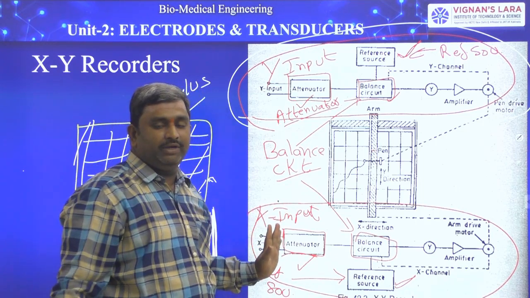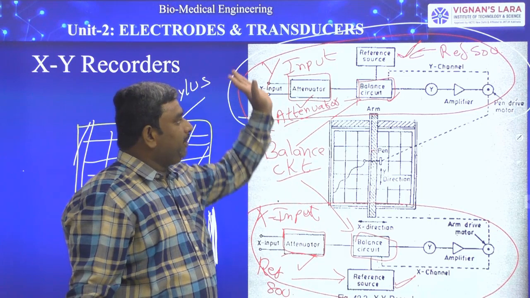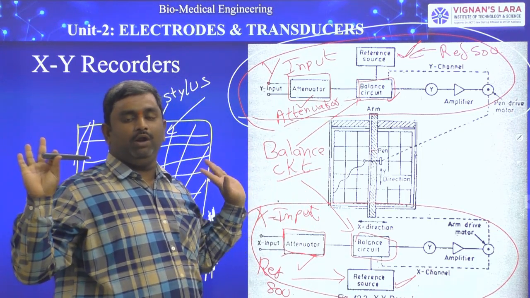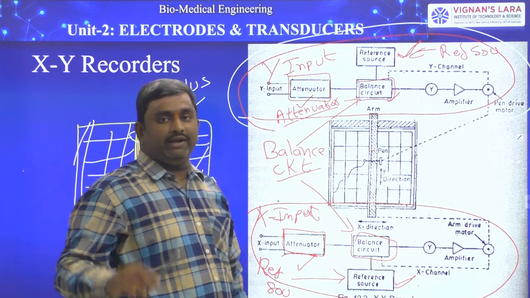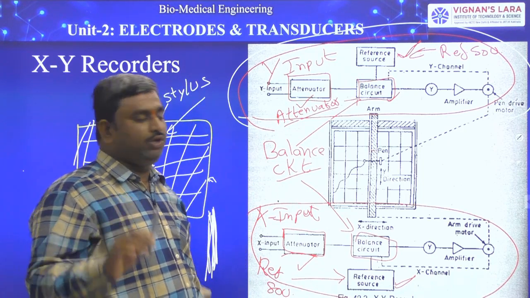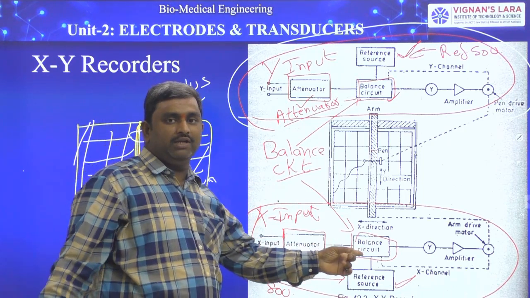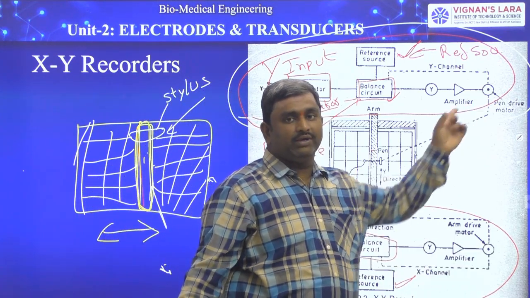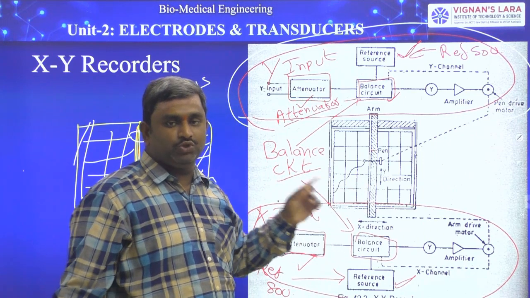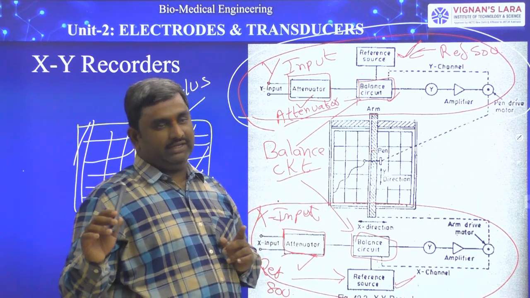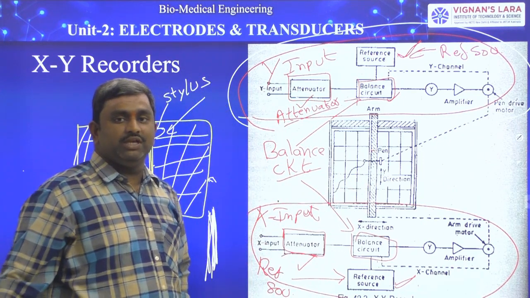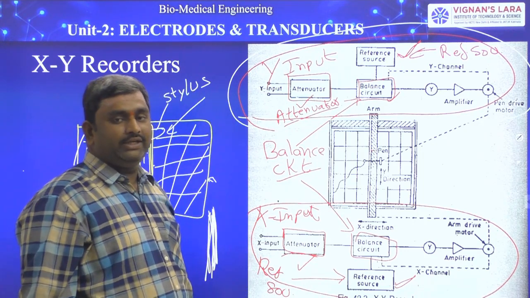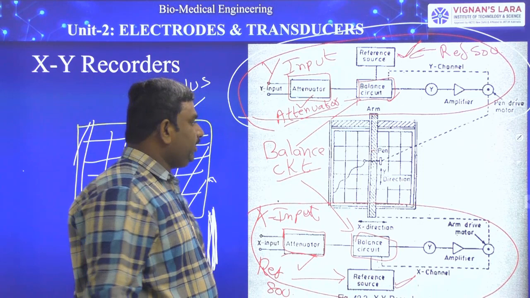Based on the X information, the arm is moving. Based on the Y information, the pen is moving. So this is a very simple operation, right? In the electronic circuit, we have an attenuator, balanced modulator, differential voltage, amplifiers, and some motors. These motors help to move the arm and stylus pen. Okay, so this is about the XY recorder.